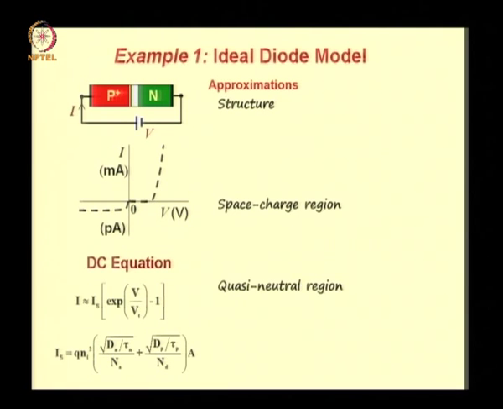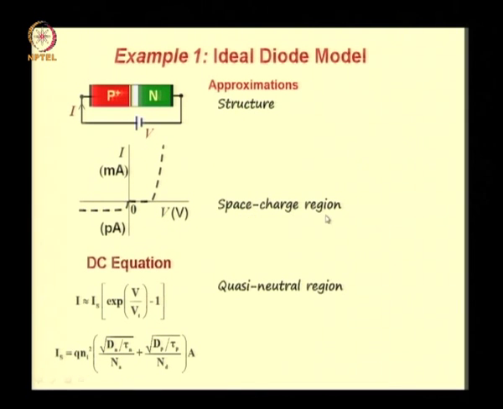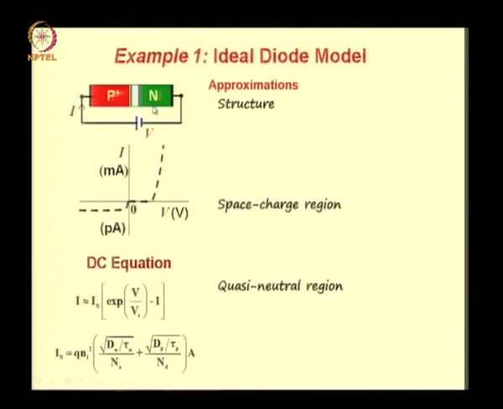You can divide the set of approximations into three parts. One set related to the structure of the device, another set related to the space charge region, so this is the space charge region, and a third set related to the quasi-neutral region. So, this green N region and the red P plus region, these are the quasi-neutral regions.